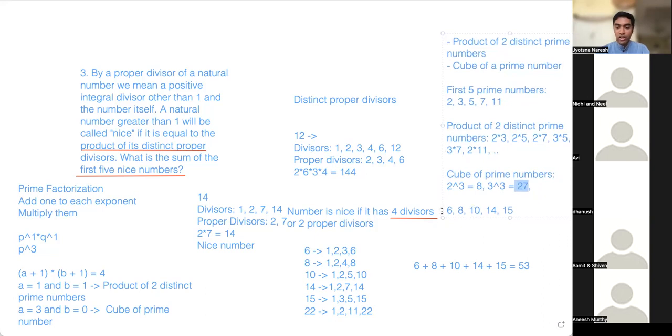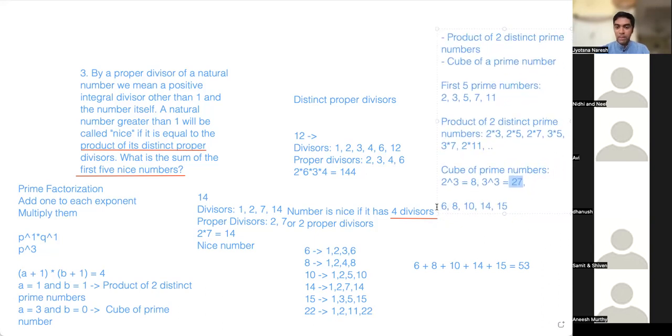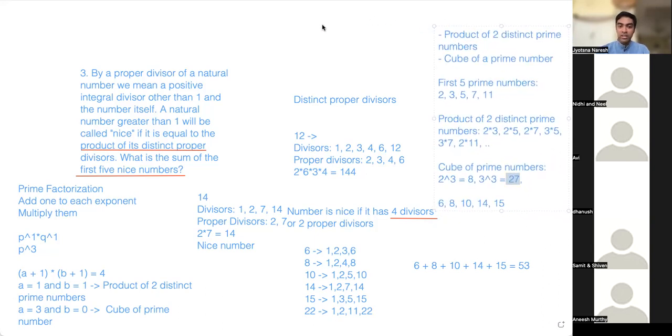So now we know for sure that we have the 5 smallest ones because it has to be either the product of 2 distinct prime numbers or the cube of a prime number. We looked at the smallest prime numbers and found the smallest numbers that fit, and the smallest that fit the cube criteria, and then combined these 2 to find the 5 smallest overall. And those are the same 5 that we found initially thinking about divisors. And we'd of course get the same sum here of 53.